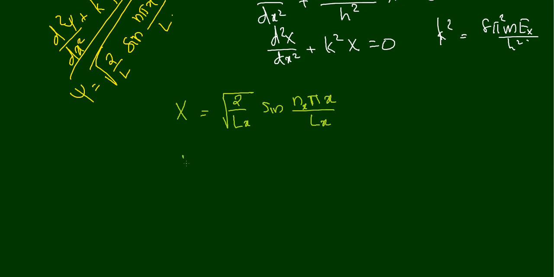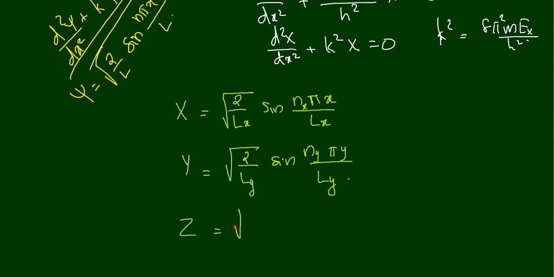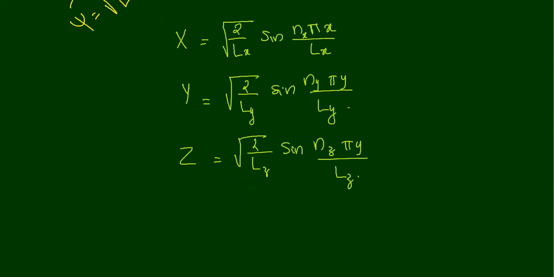And for y, we have another solution, that is root of 2 divided by Ly sine ny pi y divided by Ly, and Z is equal to root of 2 divided by Lz sine nz pi z divided by Lz. Okay, so these are the three solutions, X, Y, Z in the case of the rectangular box.